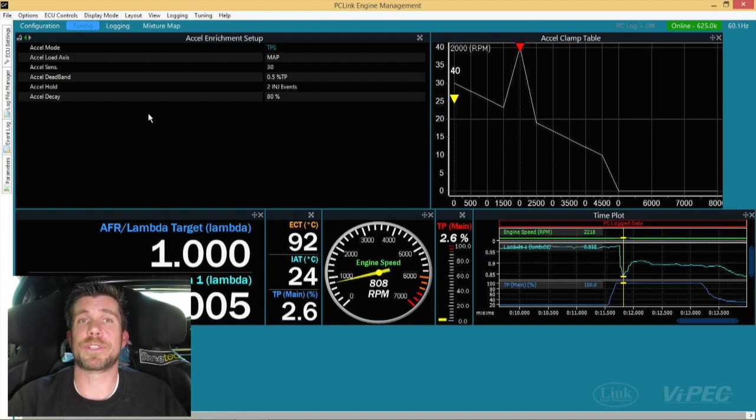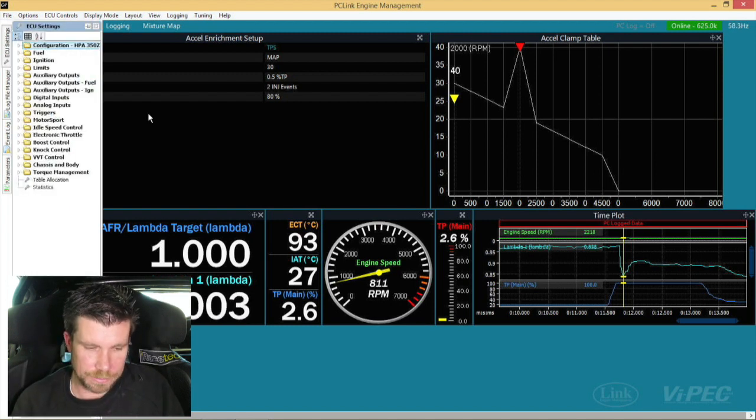You don't need to achieve that, and that's not what you should expect. The more important thing, just to reiterate, is that what we're trying to achieve is a smooth, crisp response to the throttle input, and that's really a feel thing rather than looking at what our lambda value is doing. So that's really the important point.